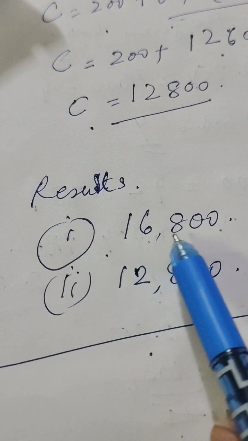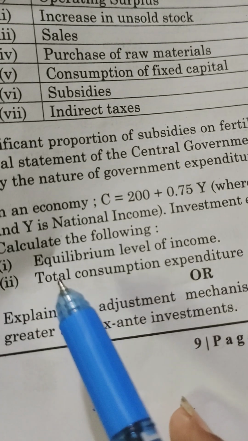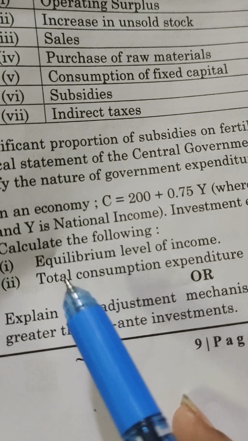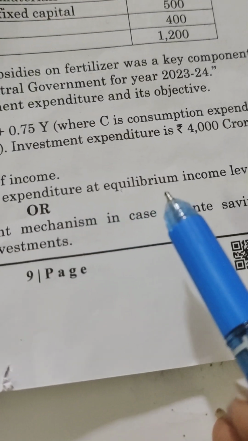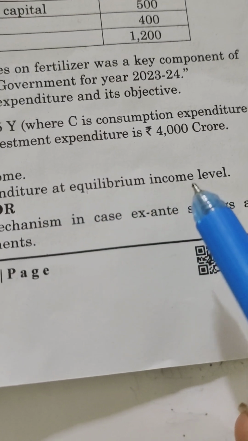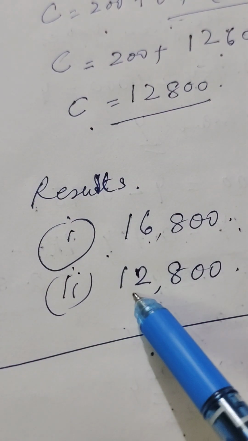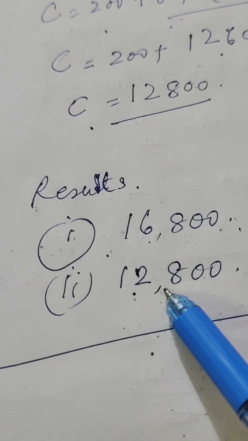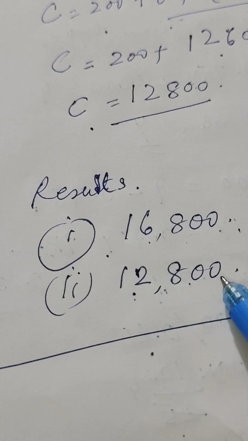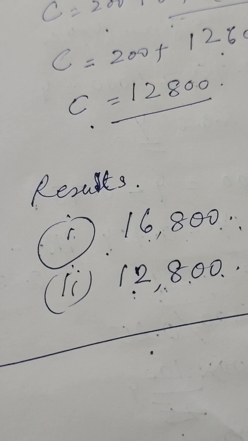Income is 16,800, and the second result that we were trying to find out is the total consumption expenditure at equilibrium income level, and that has come to 12,800. Is that right? Hope you understood.